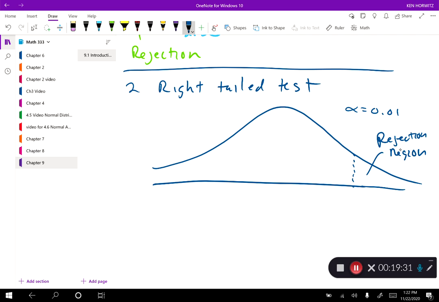Now in order to find my value, I want to look for my area to the left, which is 0.99. When you go to your z table and look up 0.99 for your area and get the corresponding z-score, it should be 2.33.